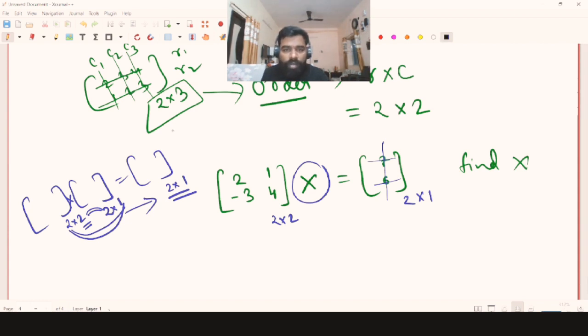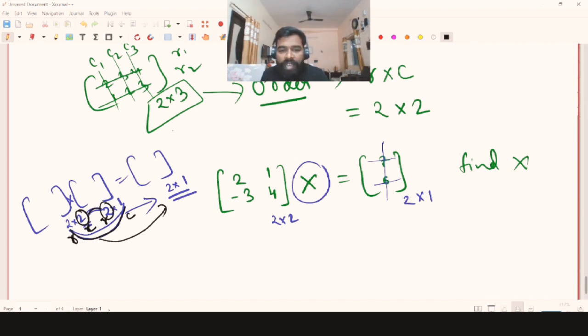Once again I'll say that the column here is equal to the row here, and the row here is equal to the column here, and that actually comes as a result.